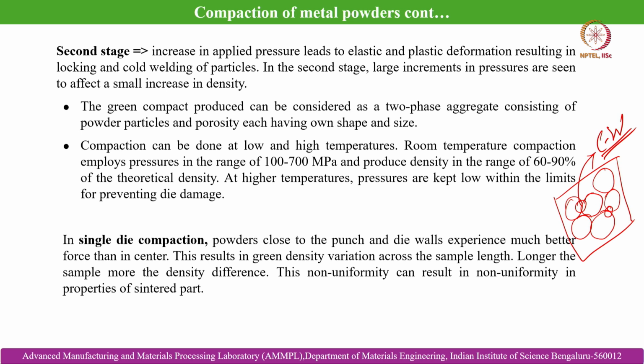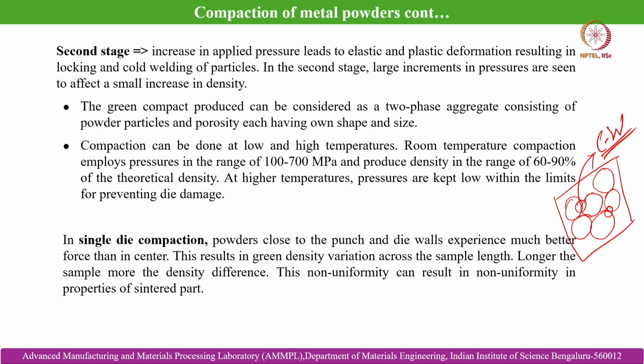Compaction can be done at room temperature or at high temperature. Room temperature compaction employs pressure in the range of 100 to 700 MPa and produces density in the range of 60 to 90% of the theoretical density of the material under consideration. At higher temperatures, pressures are kept low, because it is already a thermally activated process.